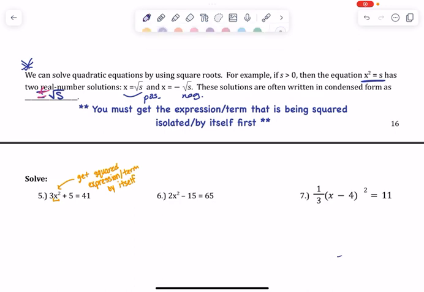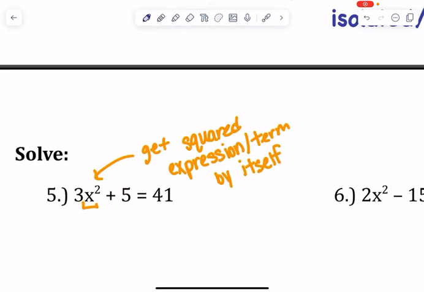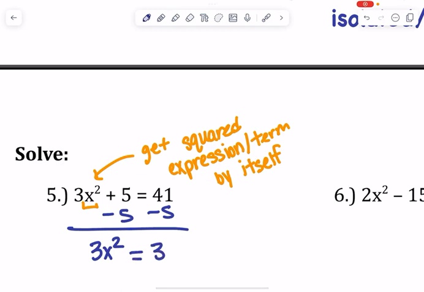or multiplication undoing dividing. So you're getting that part that's squared by itself, and then once you do that, we undo it with taking the square root. So just like if this were 3x plus 5, we're going to subtract the 5. 3x squared equals 36.